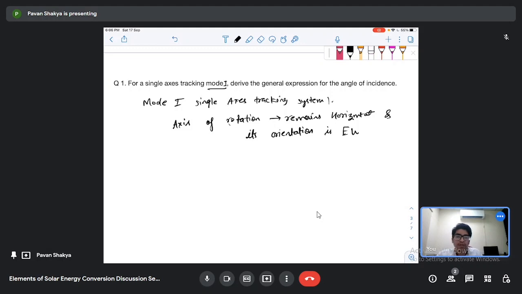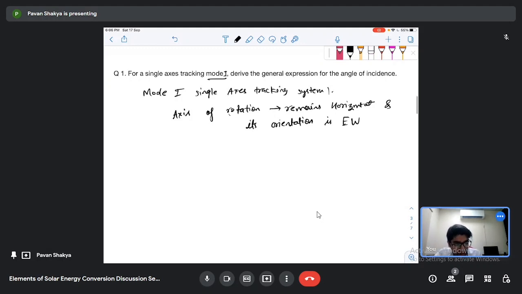Next, in this tracking mode, the surface is oriented towards the south direction.